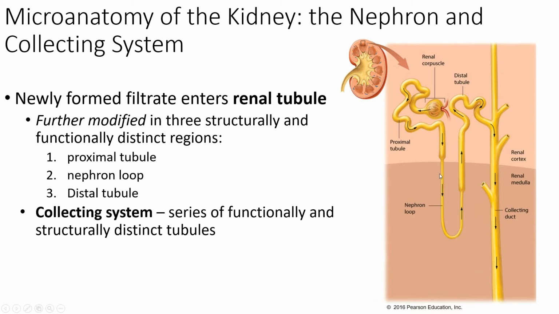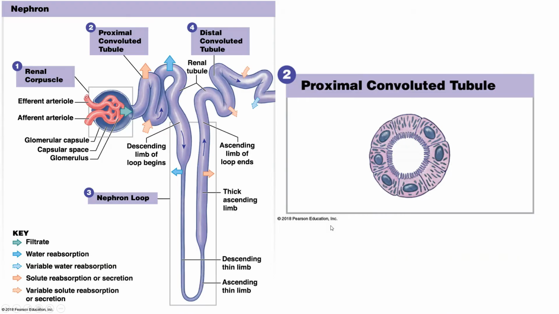You have the nephron loop, which is also known as the loop of Henle. Then you have the distal tubule or the distal convoluted tubule. And then you have the collecting system, which will consist of the collecting ducts and the papillary ducts, which are also functionally and structurally distinct.